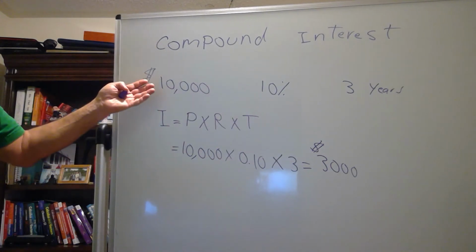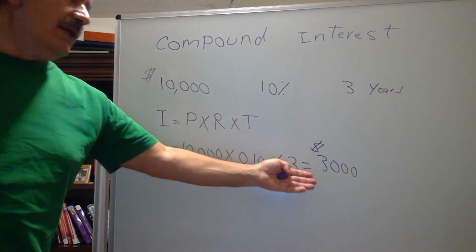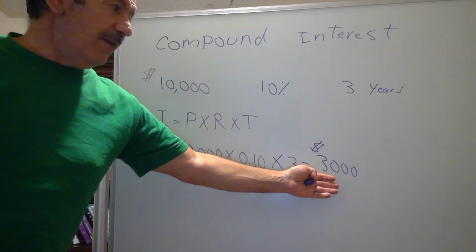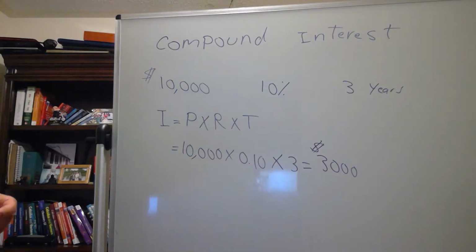If I invest $10,000 in simple interest, at the end of the 3 years, I will receive $3,000 as interest.